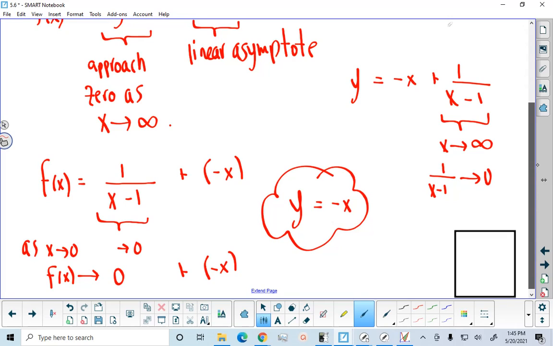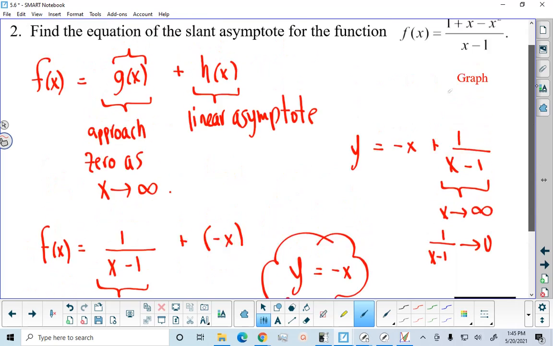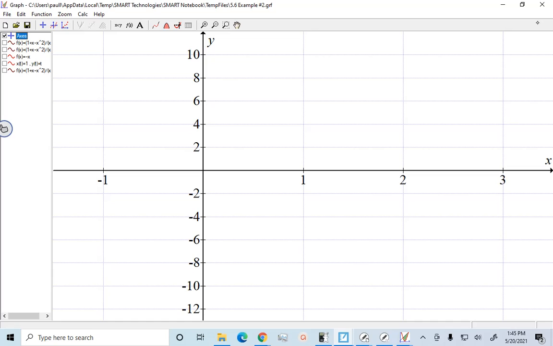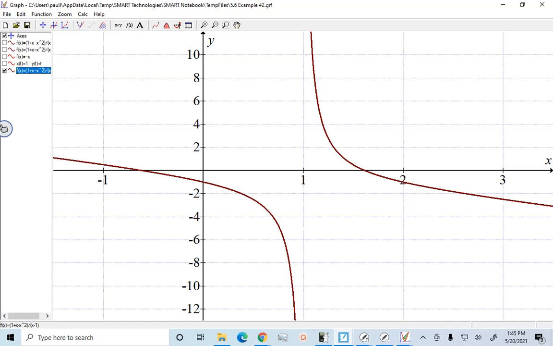Let's take a look at the graph. So here's what the graph looks like. Again, I'm going to graph it instead in two pieces so that you can see the asymptotic nature.